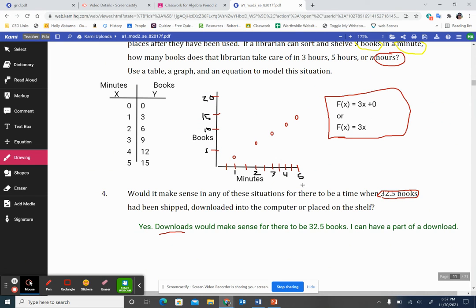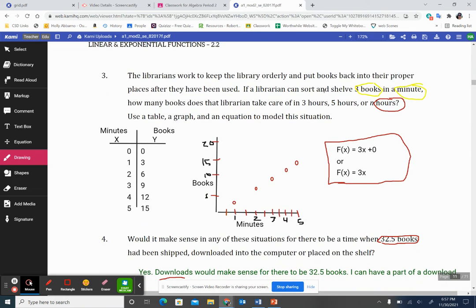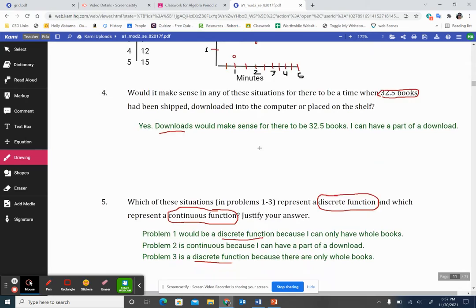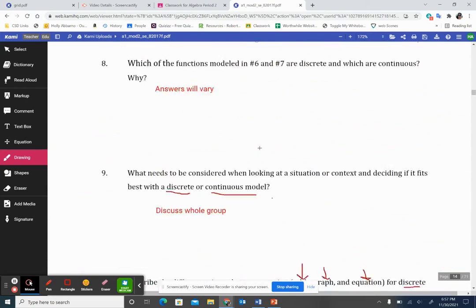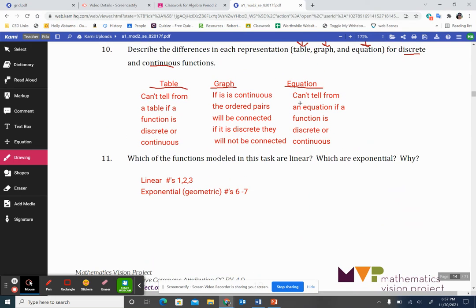And so I can only tell if something is discrete or continuous from the story or from the graph. I cannot really tell from the table, and I definitely can't tell from the equation.